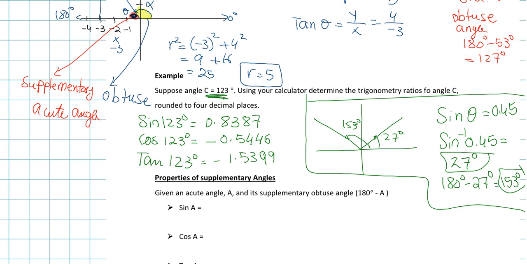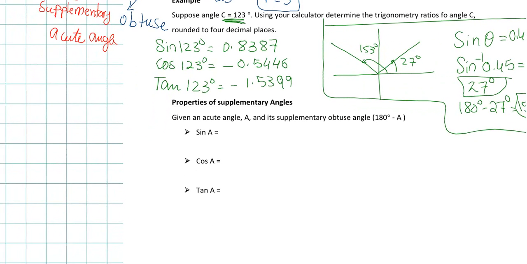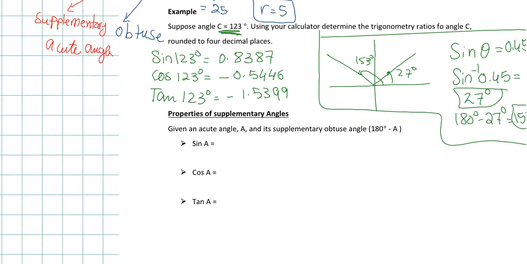All right. So here's the thing. If sine A is an acute angle, right? So the supplementary obtuse angle would be what? 180 minus A, right? And then the sine of that angle is going to be exactly the same.